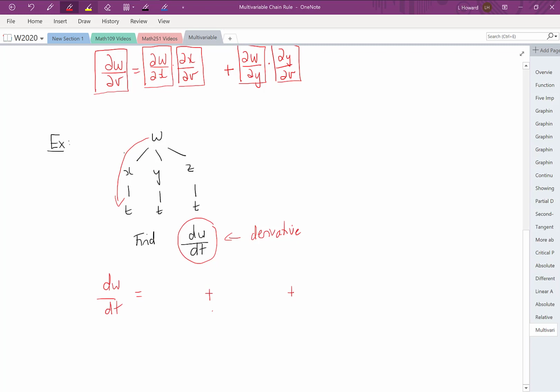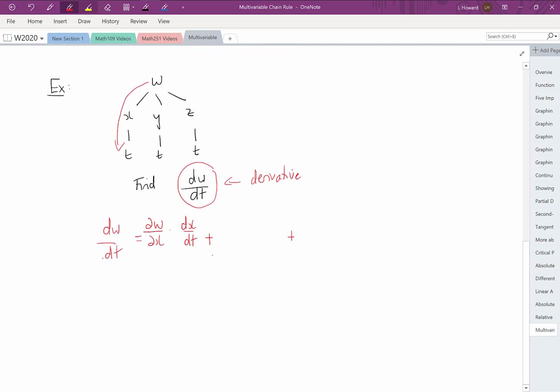For the first path, we write the partial derivative of w with respect to x times dx by dt. Let's talk about this in a little more detail, because the first factor here is a partial derivative, whereas the second one is just a regular single variable derivative. So let's really understand the difference between those two factors.